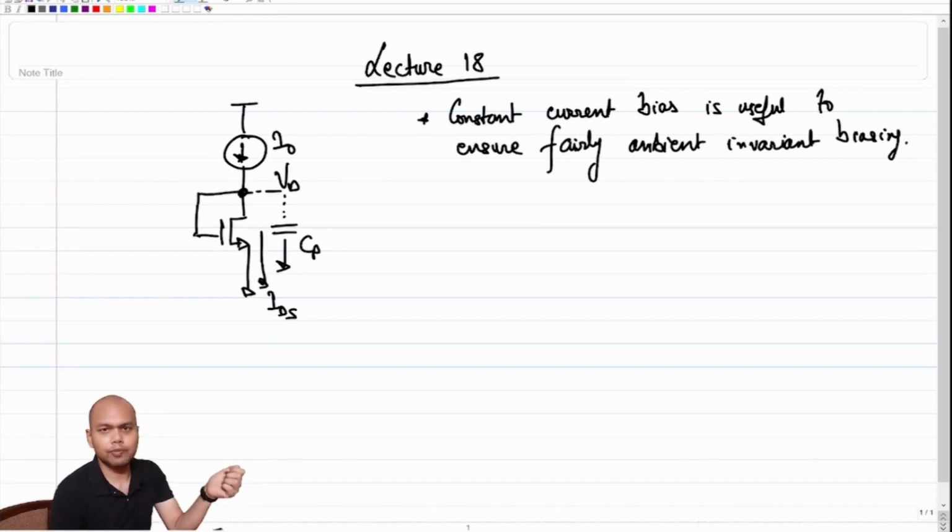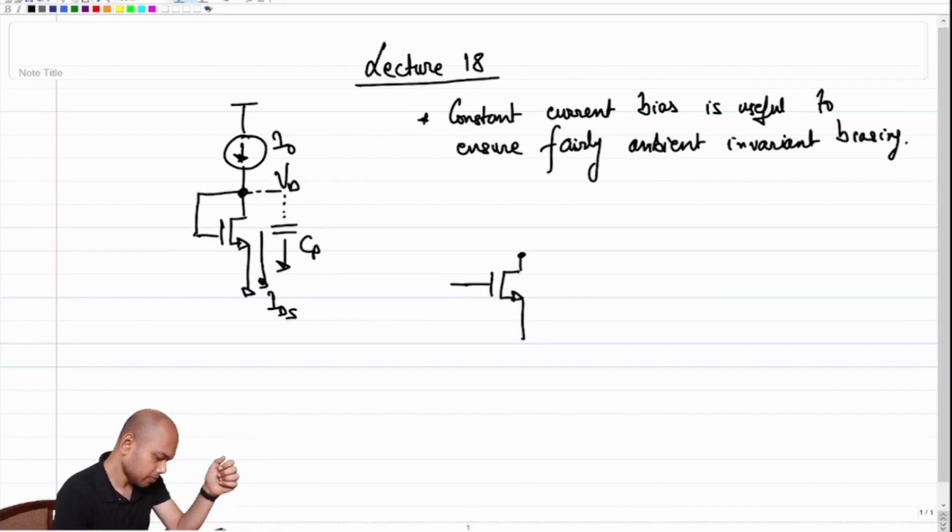So we were exploring the ways of setting up our transistor in such a way that we will be able to use a constant current source to bias the transistor. Now, the one that we explored is barely one of the many possibilities. Why do I say so? Because note that a transistor has three terminals, right? Drain, gate, source. And let's say I have this current source I naught.